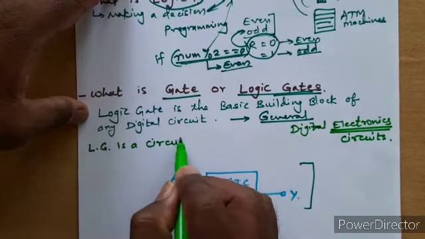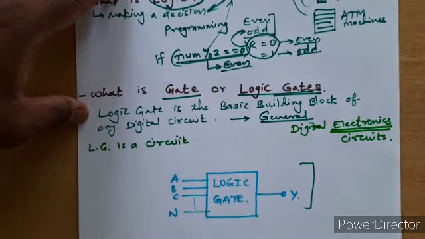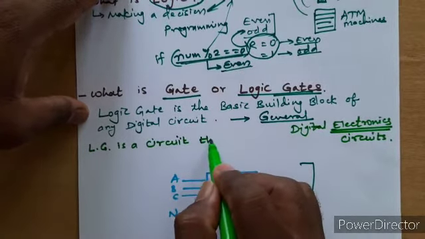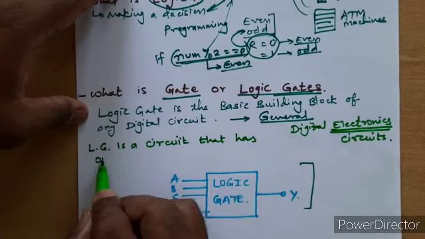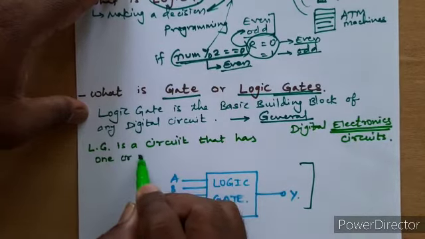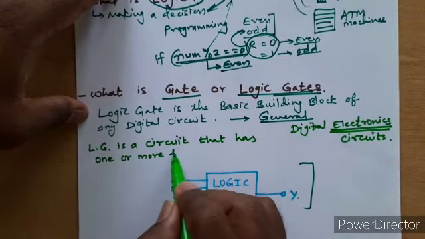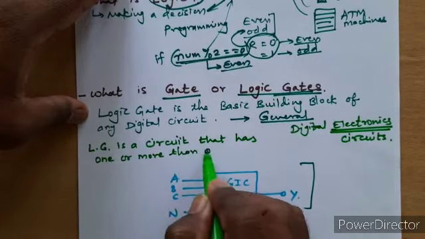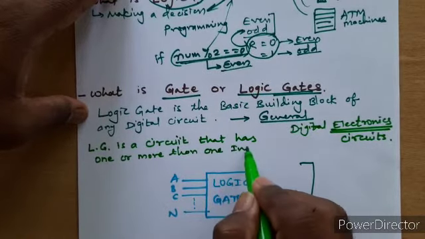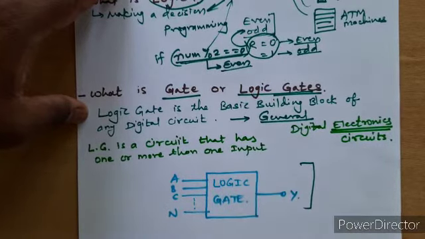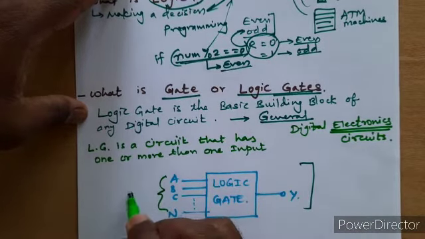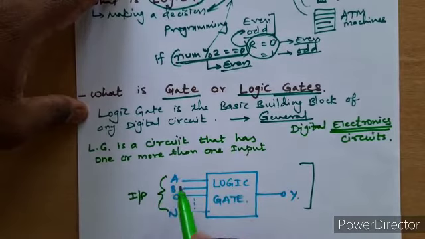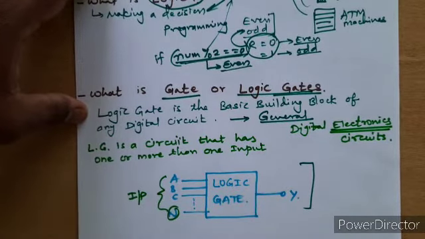circuit that has one or more than one input. So you can see on this side, these are all inputs. You can have one or more than one. N is some number.